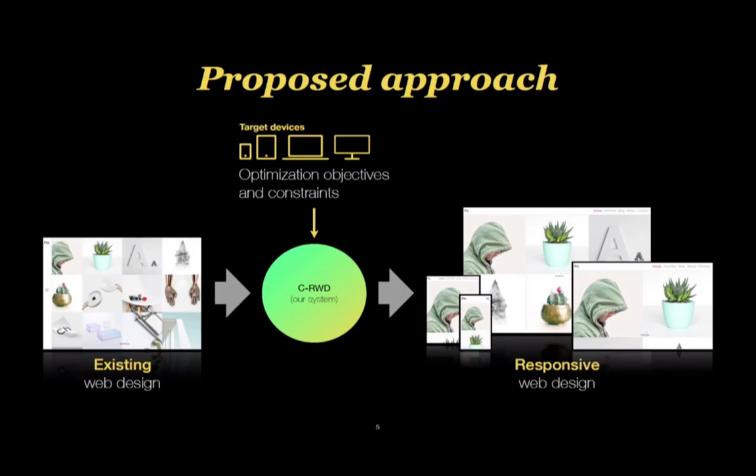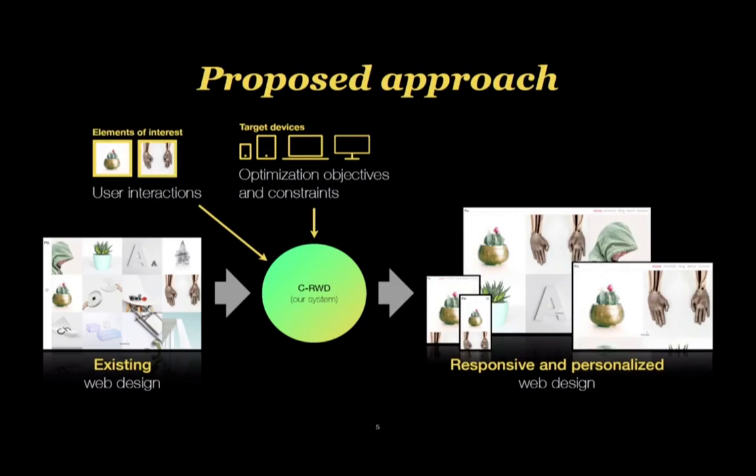Here, given an existing web design, along with the optimization objectives and constraints, the system is able to generate a consistent set of designs for these different target devices. And if we have user interaction data available, then we can also personalize these generated designs for that particular user and the browsing device.